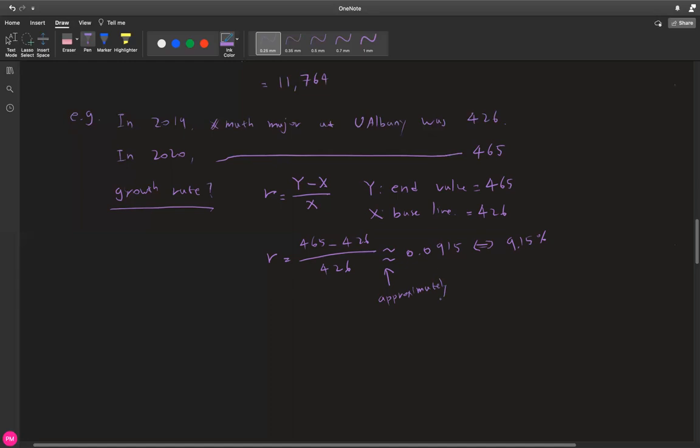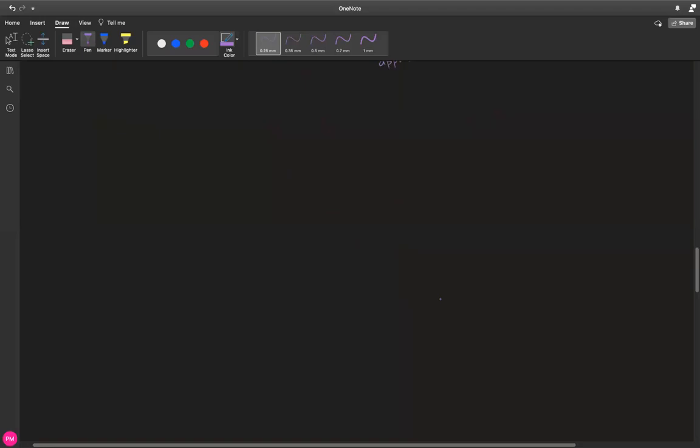Okay, so now we've covered a few different examples, growth models, decay models, and we've also solved the word problem, and now we have found the growth rate. Let us now do an example involving the geometric sum formula.